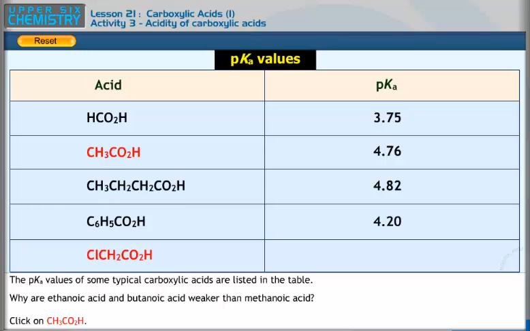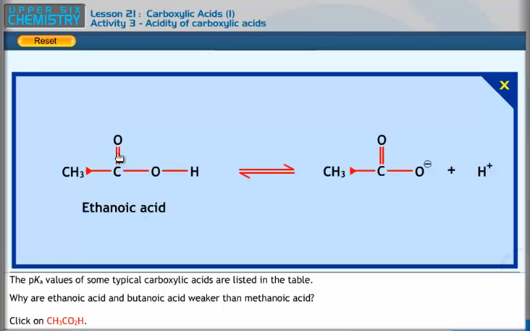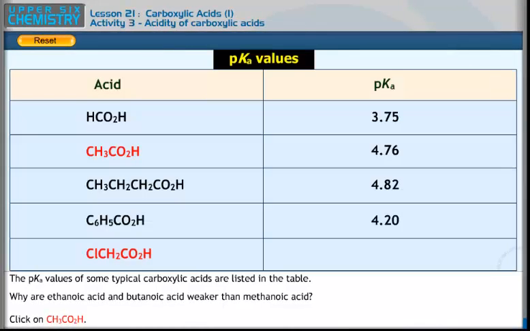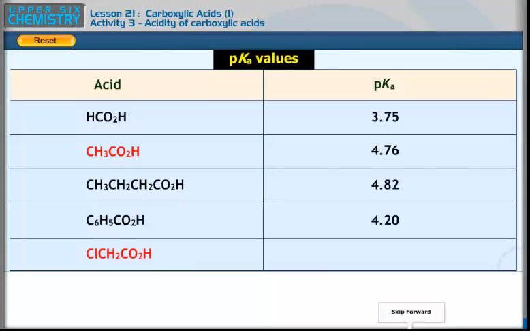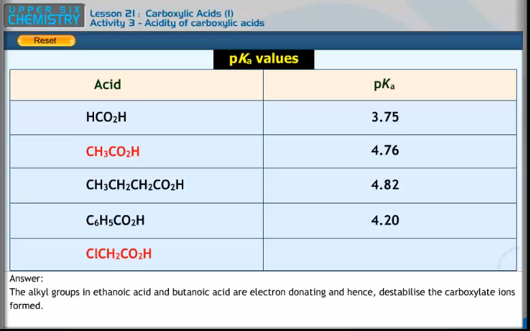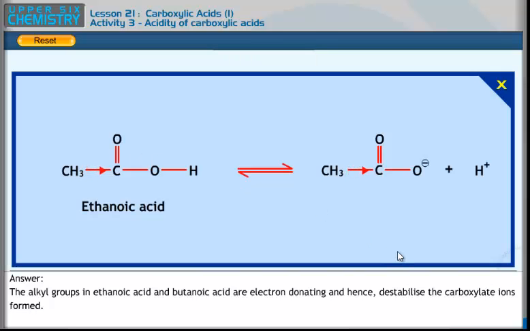Why are ethanoic acid and butanoic acid weaker than methanoic acid? Click on ethanoic acid. Answer: the alkyl groups in ethanoic acid and butanoic acid are electron donating and hence destabilize the carboxylate ions formed.